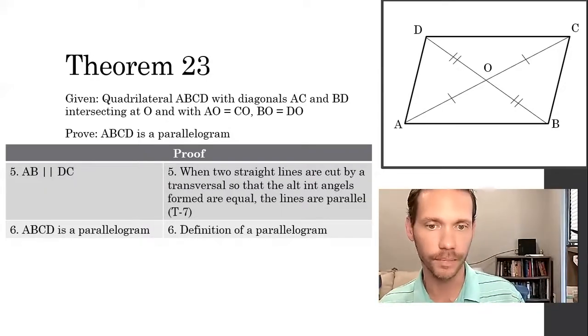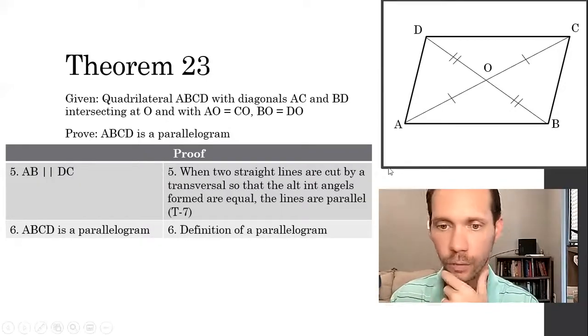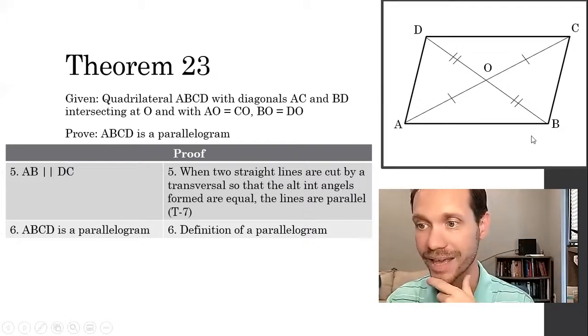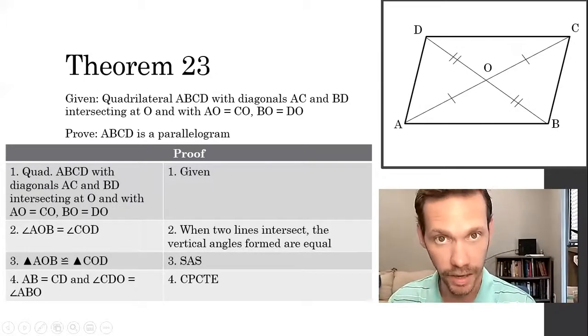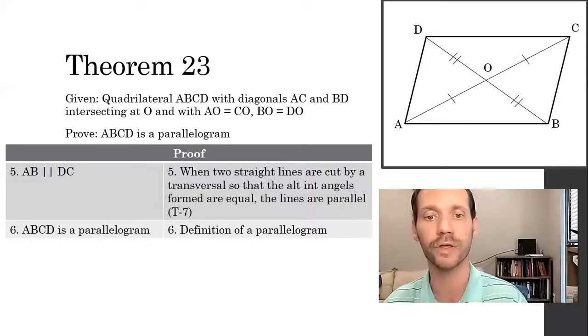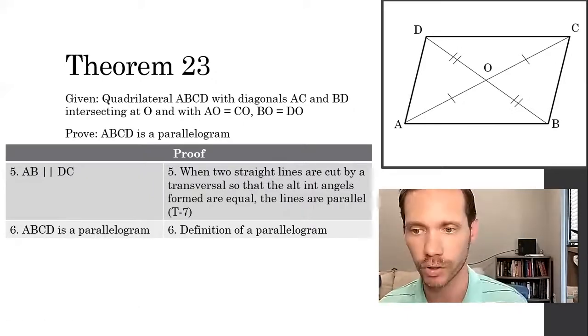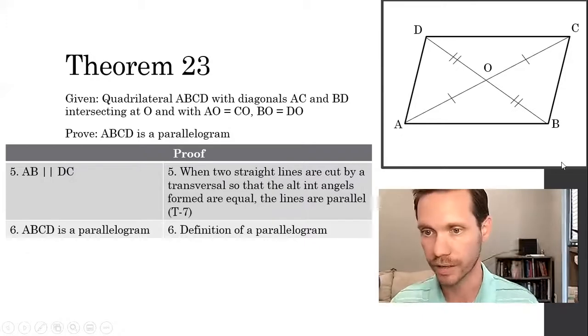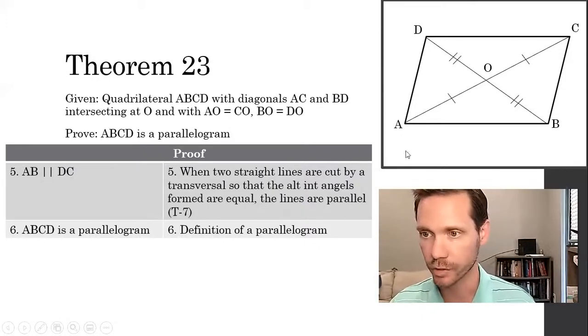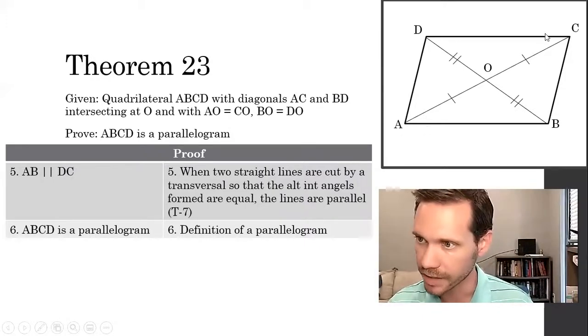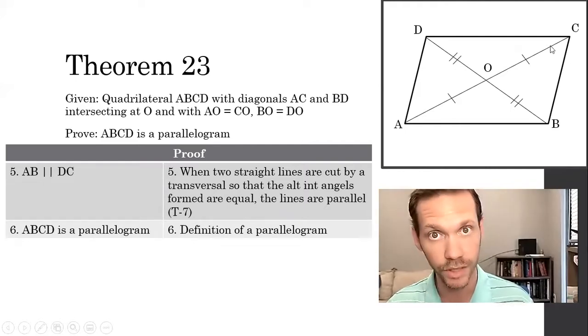But now one step to finish our proof. We know, therefore, that not only is AB equal to DC, because that's corresponding parts of congruent triangles, we also know that they are parallel to each other, because they are straight lines cut by a transversal. Remember that this angle and this angle are equal to each other because of CPCTE.